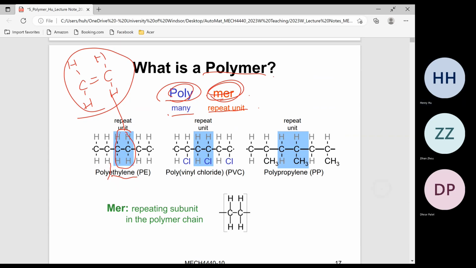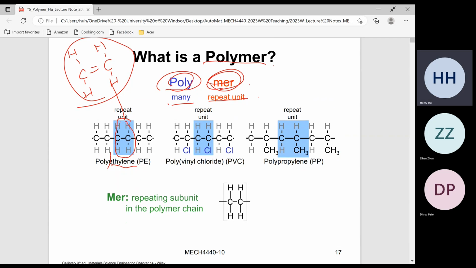Then you break one of the bonds between the carbons, open it up, and connect with another unit of this ethylene. So you form what we call a polyethylene.